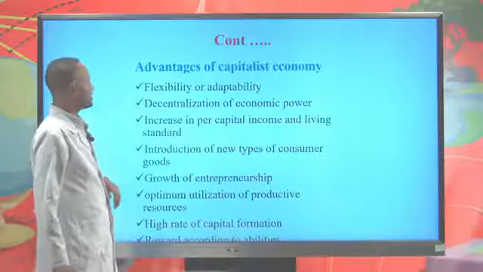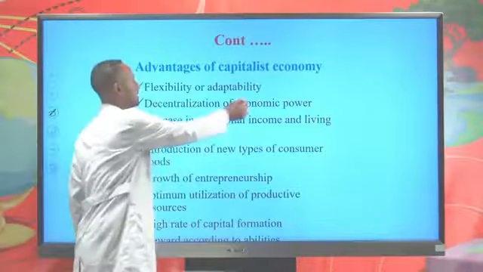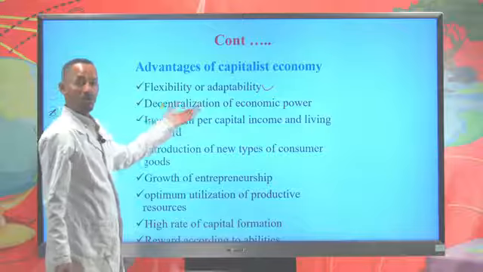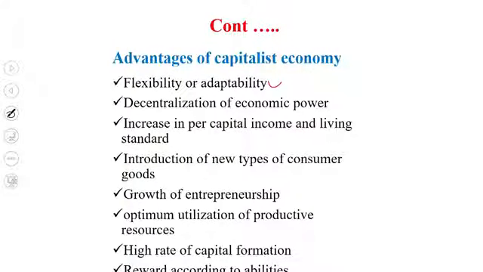Let's see the advantages of the capitalist economic system. There is flexibility or adaptability, and decentralization of economic power, that means there is delegation of economic powers under the capitalist economic system. One of the advantages of the capitalist economic system is that it increases per capita income and living standard.